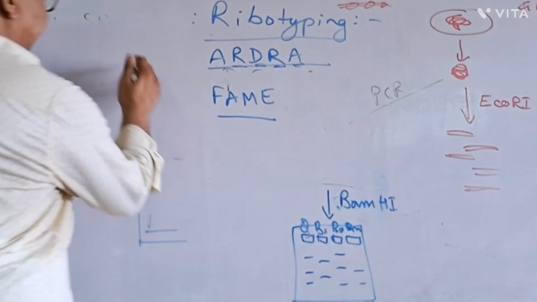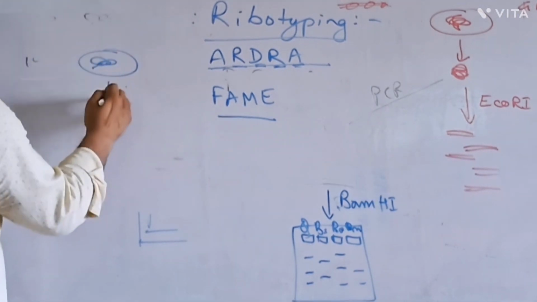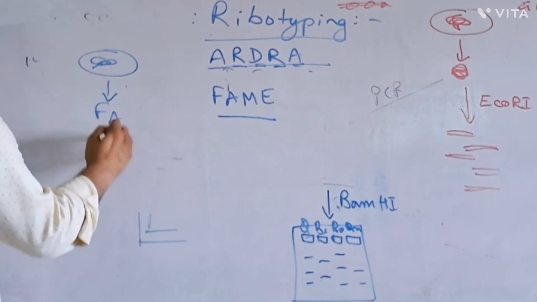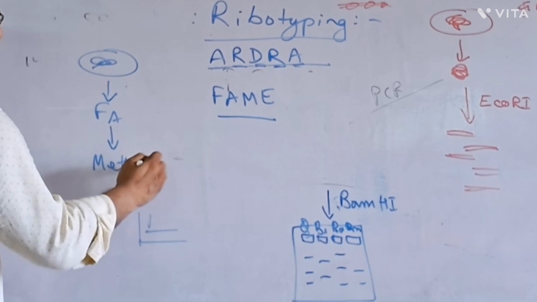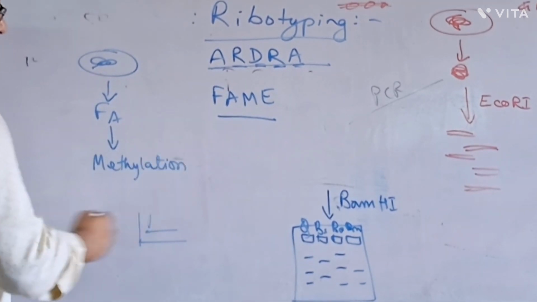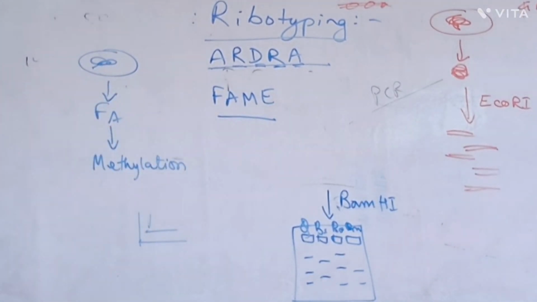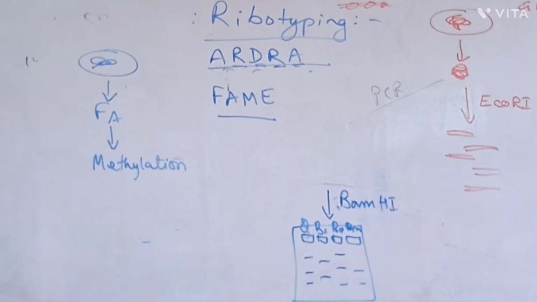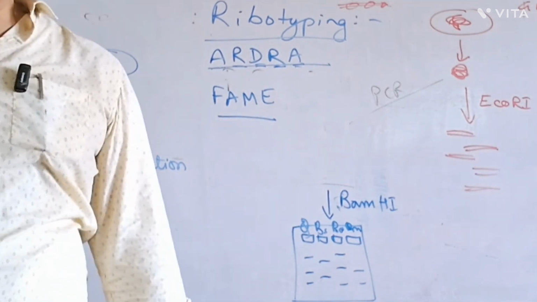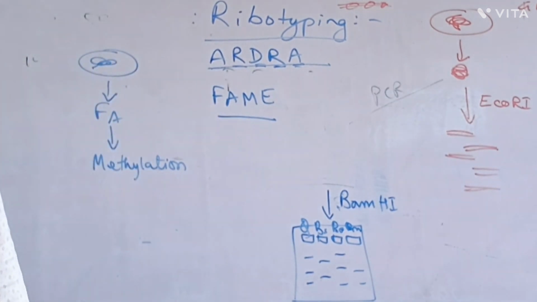First you isolate the fatty acid of a bacterium. Fatty acid. Go for methylation. So they will become methylated derivatives of fatty acids. Why do you methylate? To make them volatile. Because fatty acids cannot be subjected to gas chromatography.